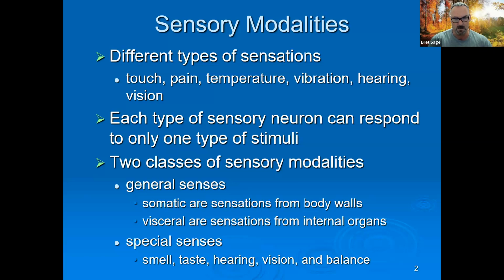And the visceral general senses are sensations from internal organs. Often these are subconscious and cannot be felt consciously. The special senses, as I said, are those senses that are located in your head only. So, for example, smell, taste, hearing, vision, and balance or equilibrium.